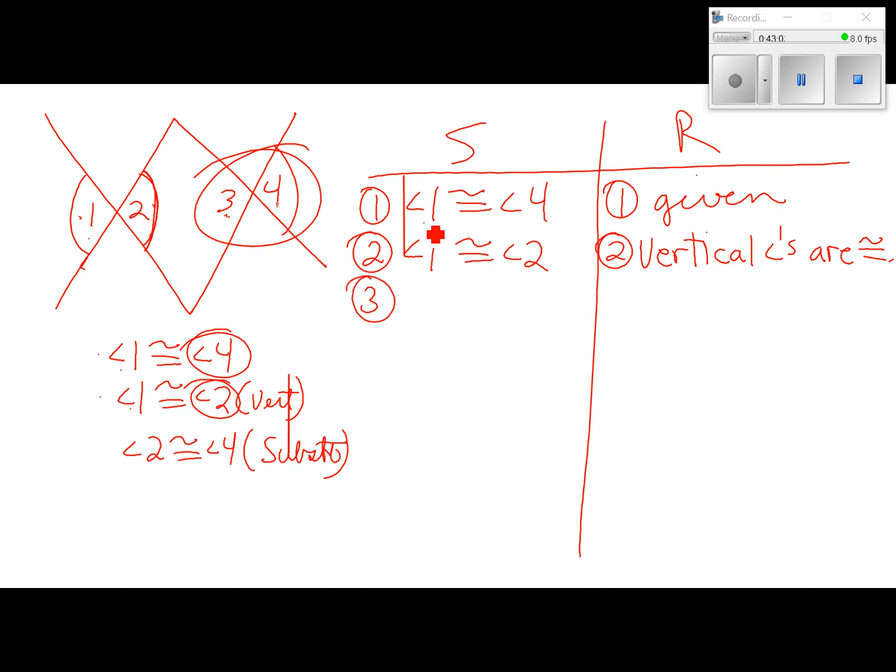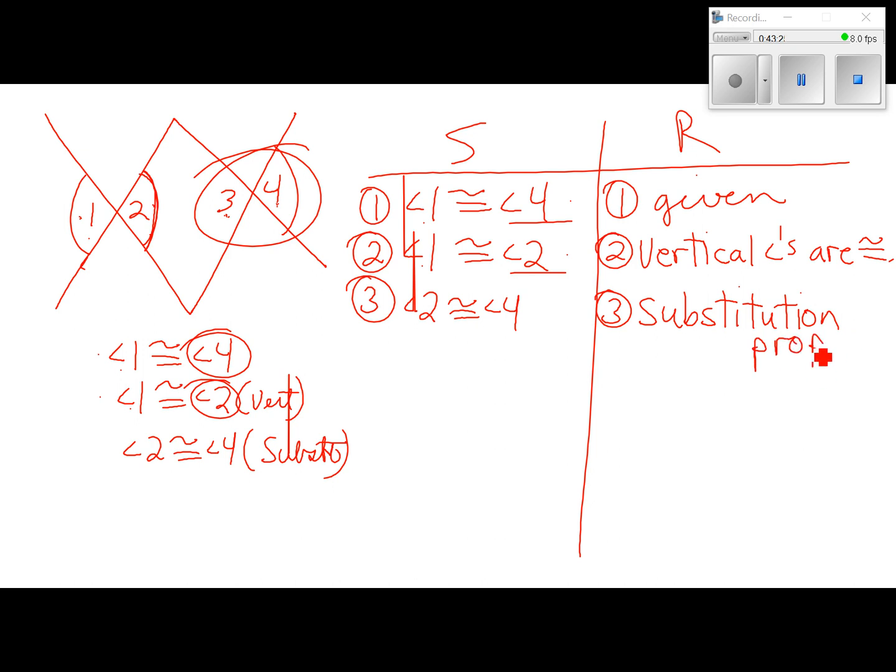And again, we look here, we got angle 1 is the same as angle 4, angle 1 is the same as angle 2. That means these two have to be the same. So angle 2 has to be congruent to angle 4. And our reason there is substitution property. We just took out one thing and stuck something of equal value in its place. Substitution property.